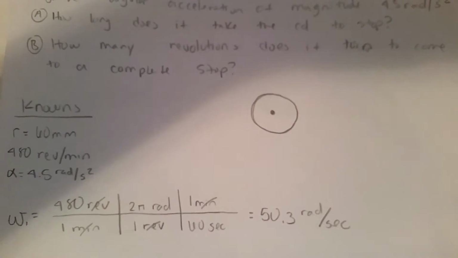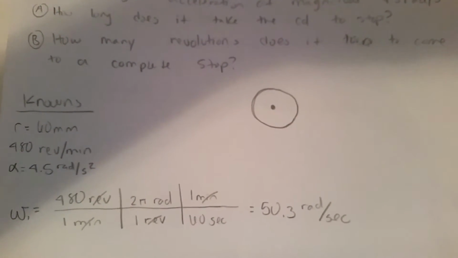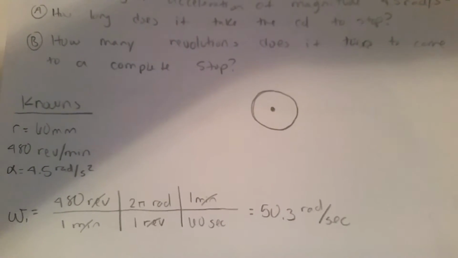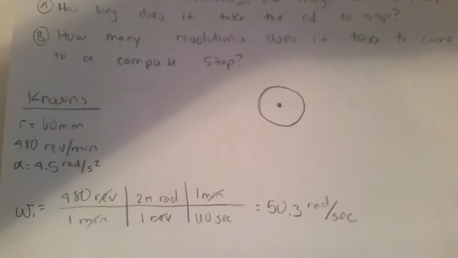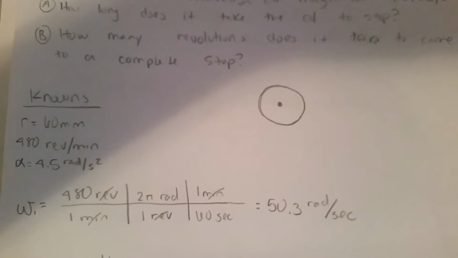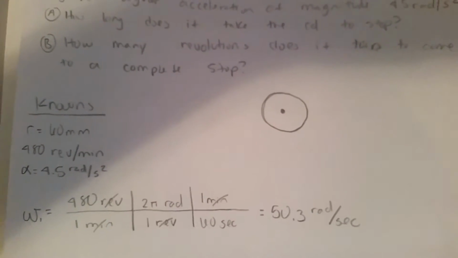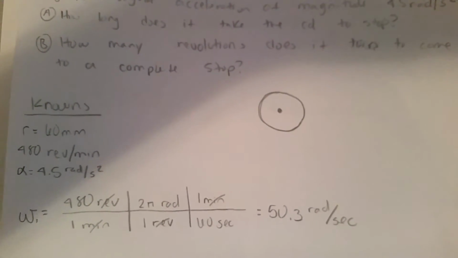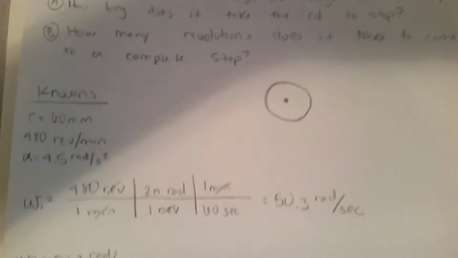So the minutes will cancel out, and I multiply across the top values. So 480 times 2 pi radians divided by 60 seconds, which gives me 50.3 radians per second. And that will give me my initial omega. And being that we need to know when it stops, our final omega will be 0.